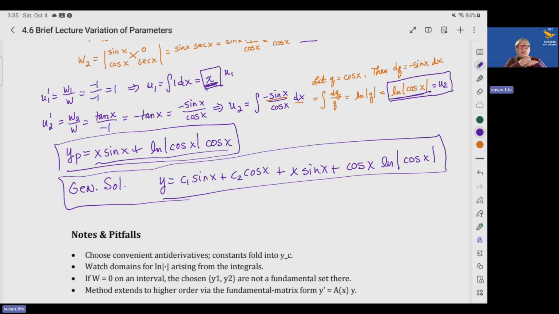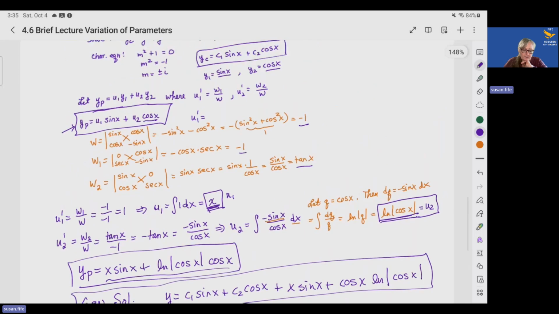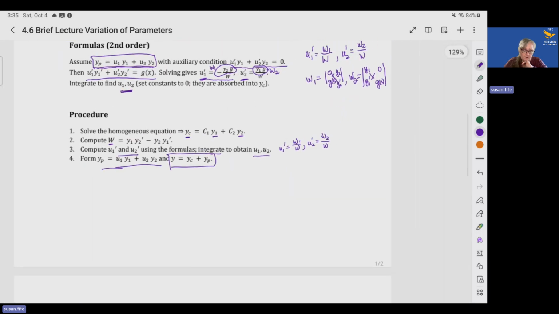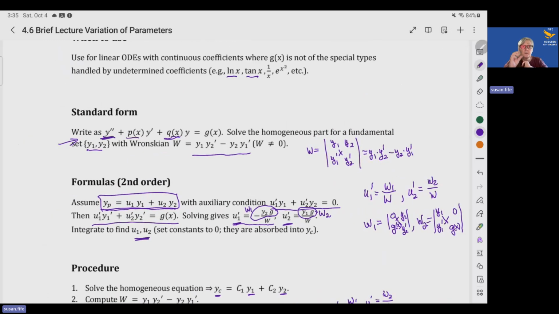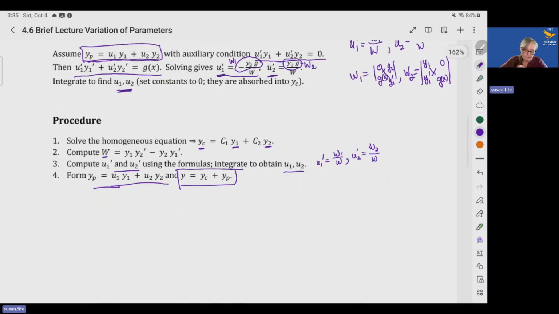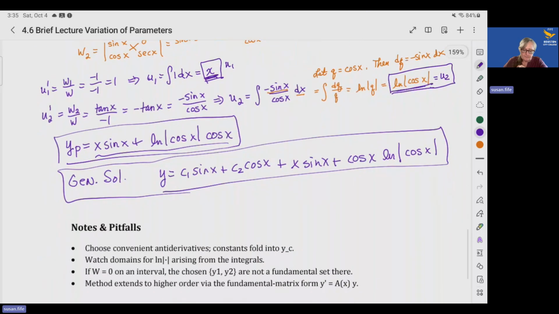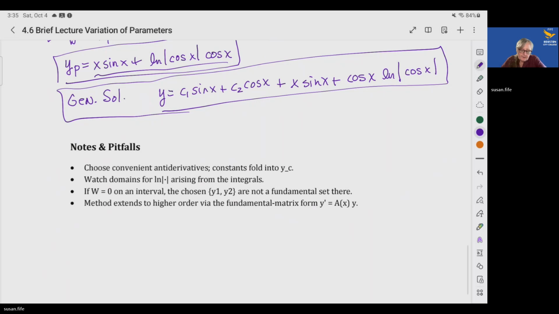So the nice thing about variation of parameters is it can be used on any second order ODE. You do have to make sure that the equation is in the standard form, that y double prime does not have a coefficient. If it does, make sure you divide by it. Sometimes when you take antiderivatives, you're not able to come up with nice solutions for them.